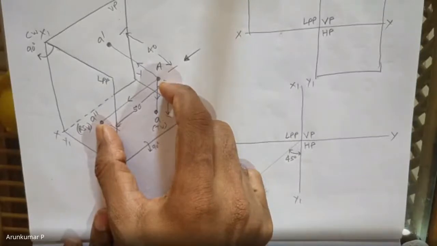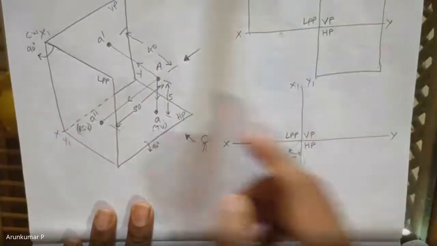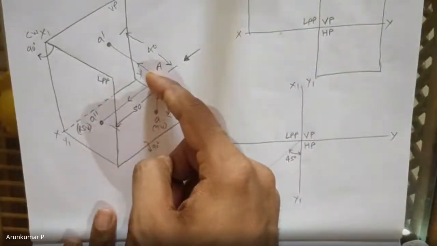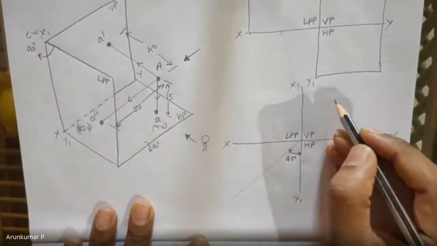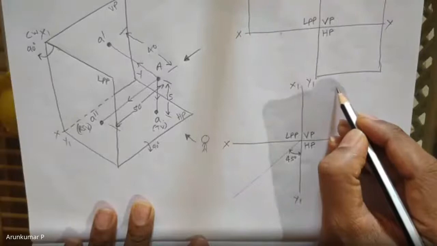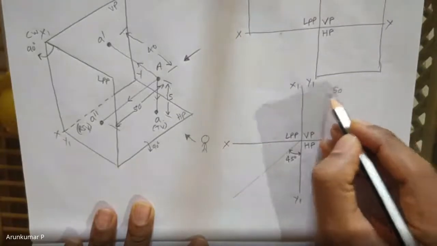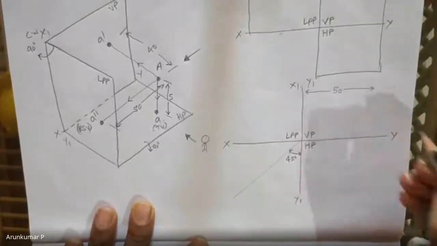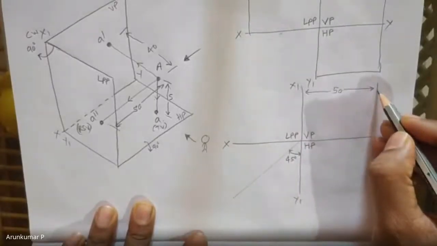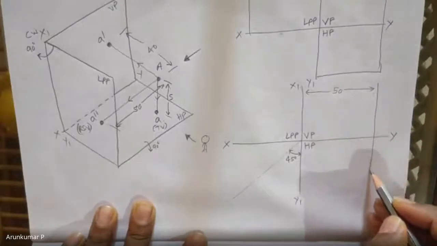So you should draw the vertical projection line 50 mm from the side plane, LPP. So this is the first step which you have to do correctly.